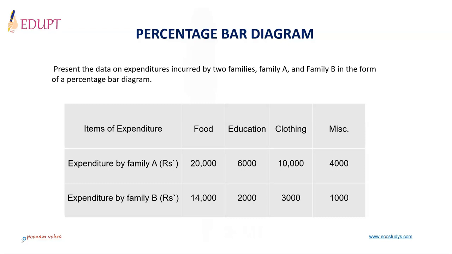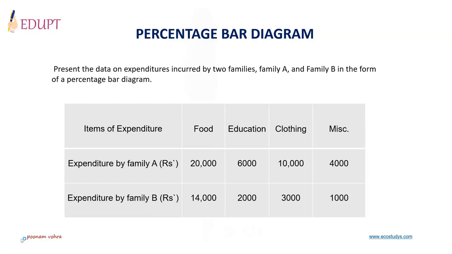Now in these diagrams, height of all the bars will be same because each bar actually represent 100%. But the components of each bar will vary in height according to the percentage value of the total.